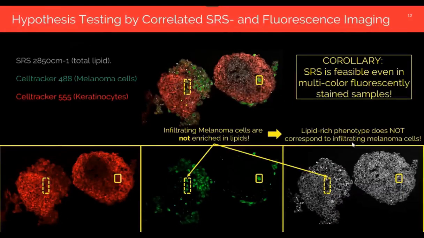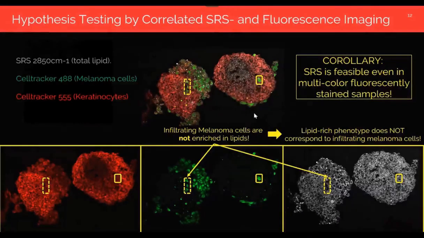But what is most important to note for us here is that this example really nicely shows that stimulated Raman scattering microscopy is really feasible even in multicolor fluorescently stained samples, and therefore it shows the potential of using this highly molecular specific fluorescence information together with the more metabolic centered and biochemically driven stimulated Raman contrast to really answer hypotheses on such cellular samples.